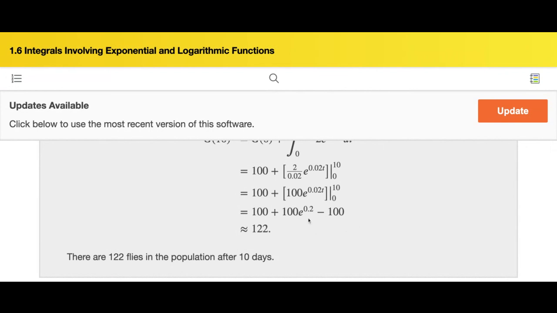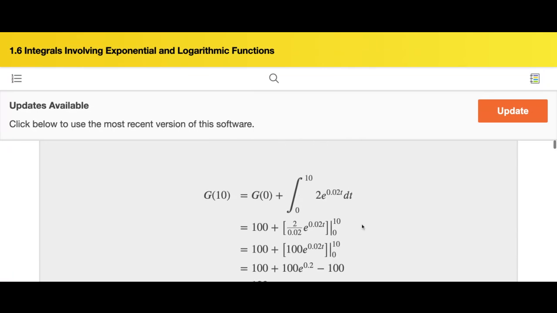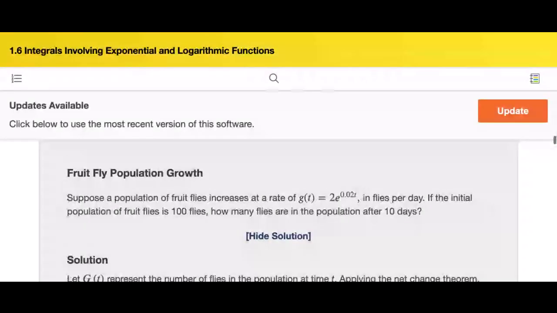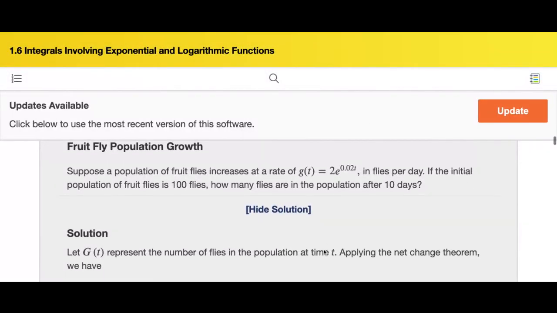So we just get 100 e raised to 0.2. We plug into a calculator, and we get about 122 flies after 10 days. Okay, anyone has any questions for this? All right, keep moving.